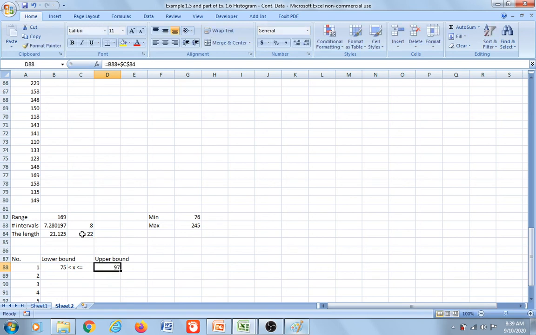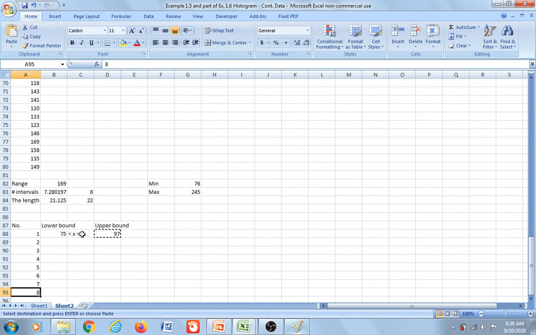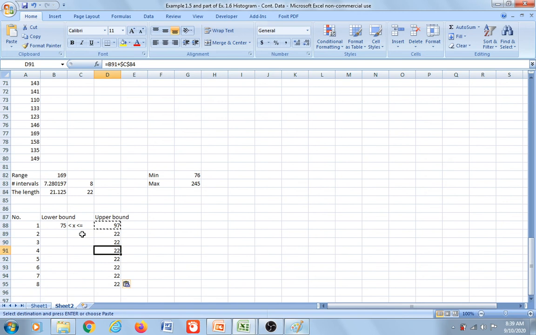I'm just gonna copy the upper bound of the interval. So you have all 22s, it's okay, but remember the upper bound of the first interval is the lower bound of the second interval, so we just put them as the same, and then we just copy and paste the formula for the interval over there.